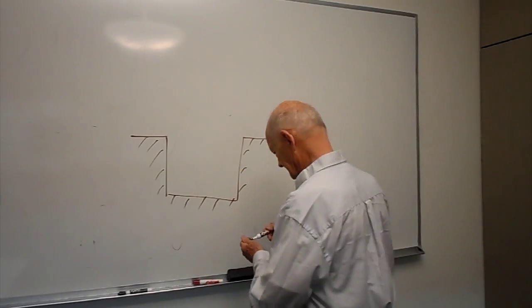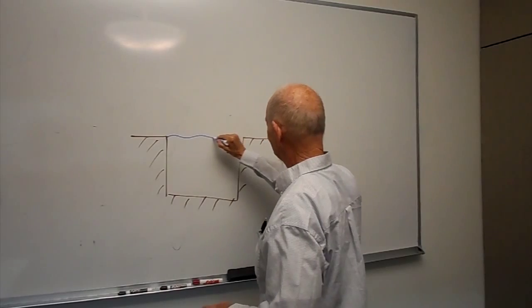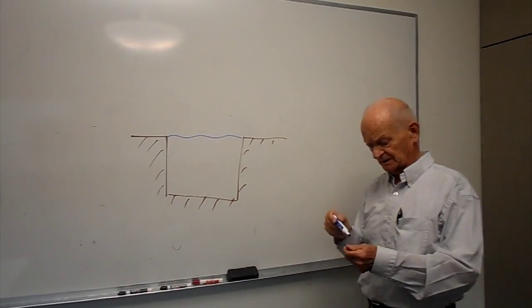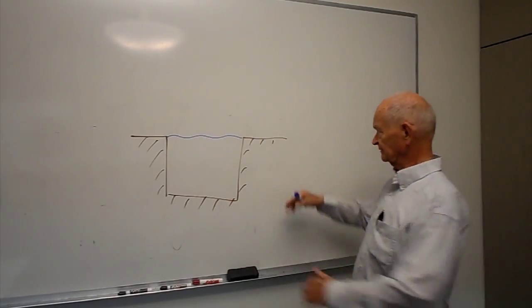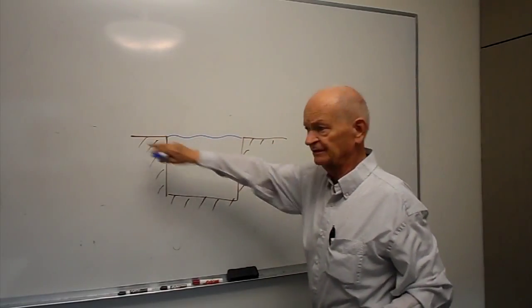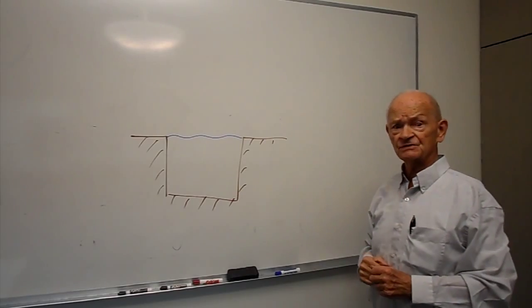Here's a channel, and we'll just fill it up with water. See here? This would be the floodplain up here. When there's more than the normal amount of water in the stream, it'll rise up here, leaving deposits on either side over here. And this is somewhat analogous, remember, to what happens in the ocean.